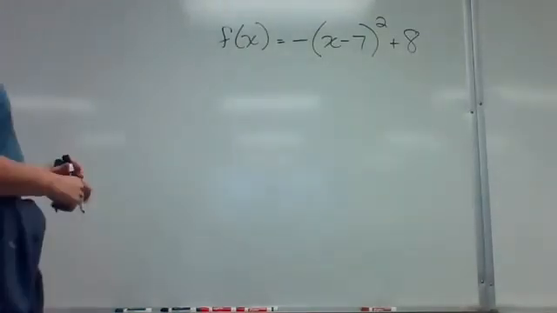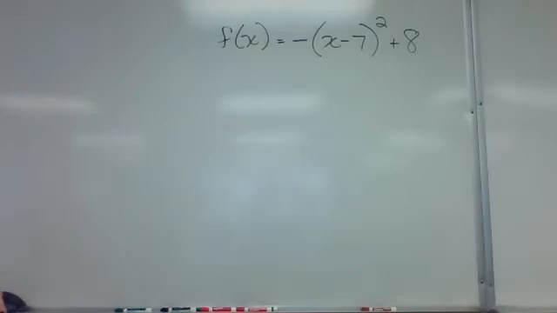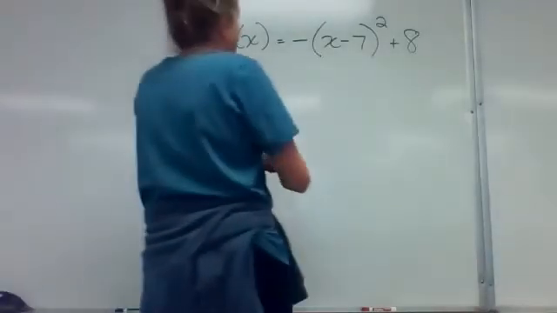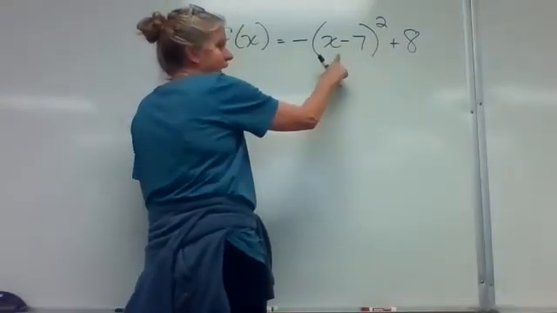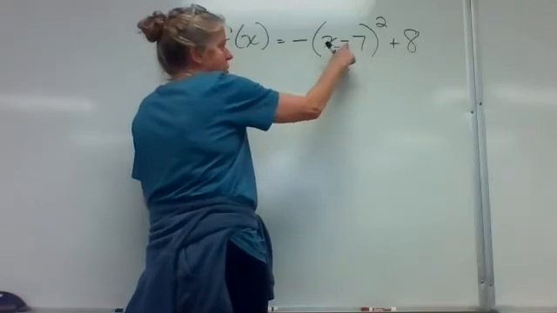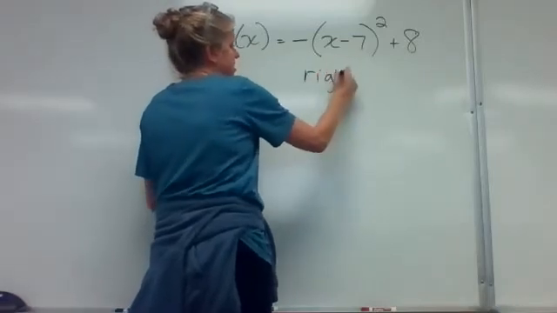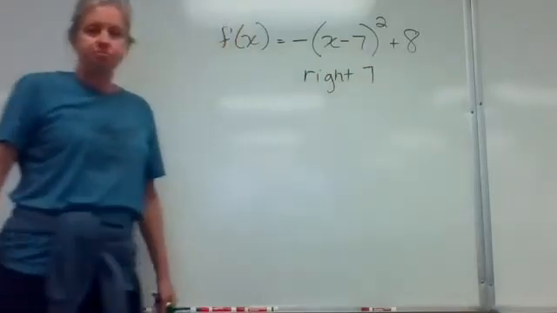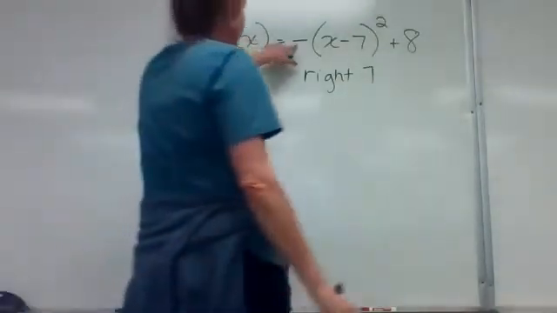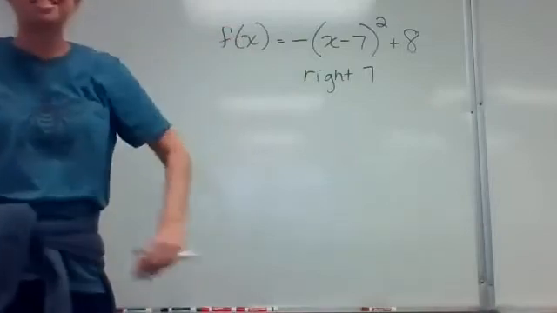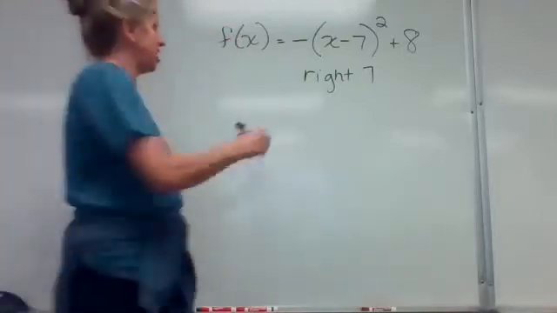Okay, so you want to talk about the horizontal shift first, which is the inside number. So the first thing it's going to do is shift to the right 7, right? Because you go opposite the sign. So right 7. Then if there's a reflection, which means this negative, that's going to give it a reflection across the x axis. So that's what's next.